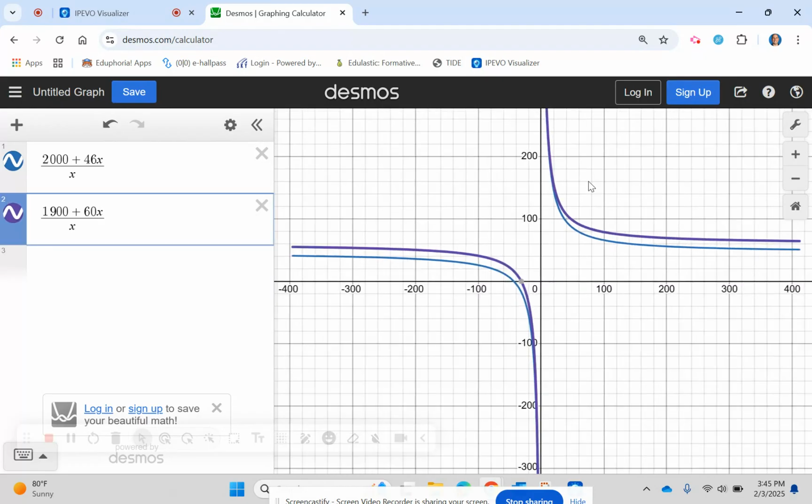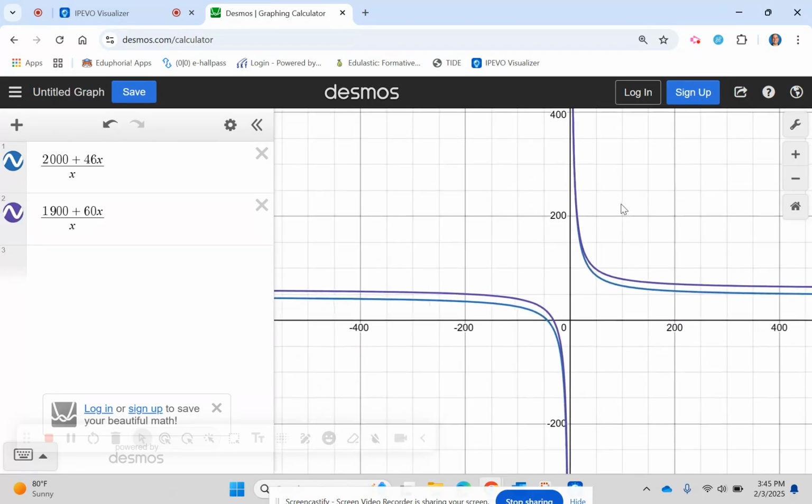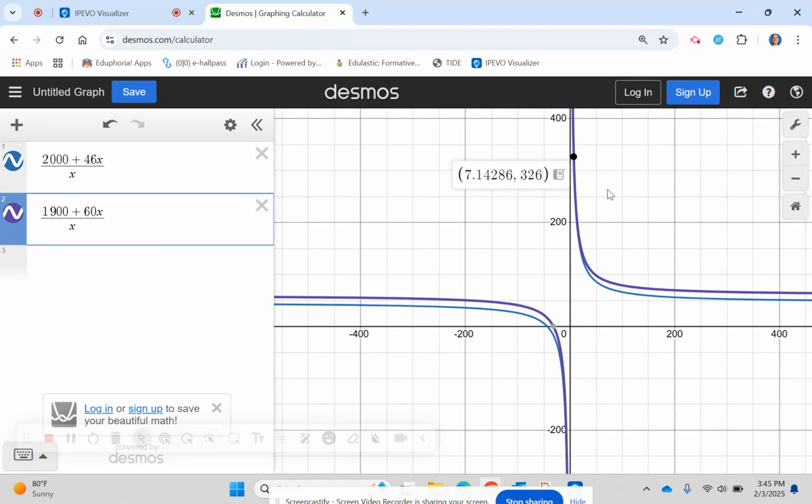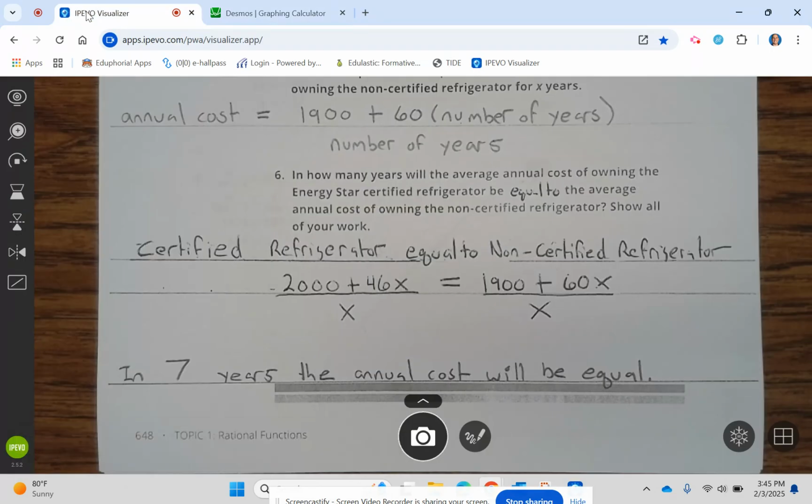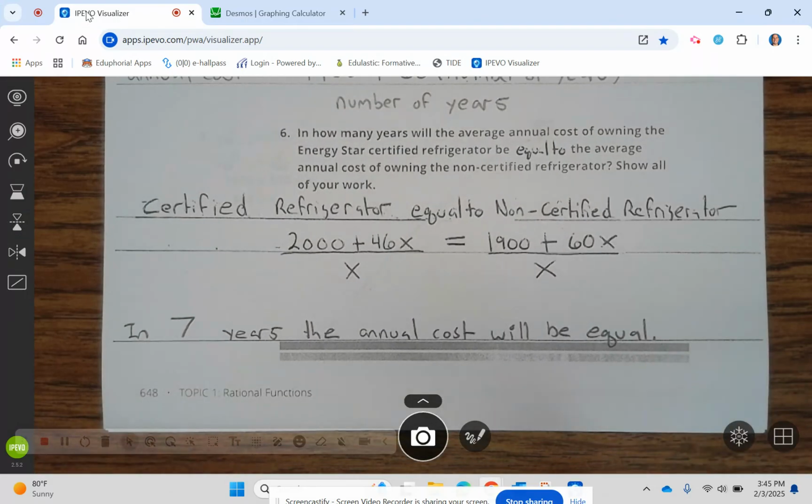Then find my point of intersection, which looks like right there. So let's round to a whole number. So let's say that's 7 years. So in 7 years, the annual cost will be equal. All right, let's take a look at the next page.